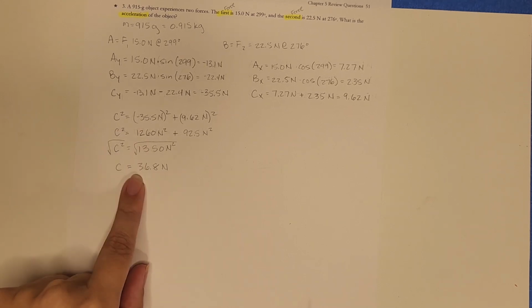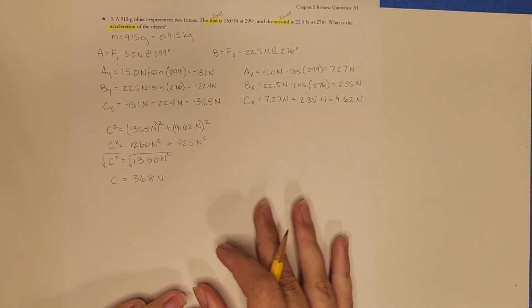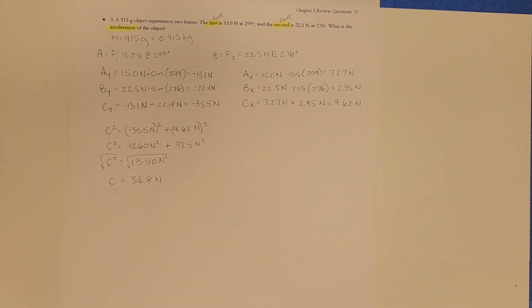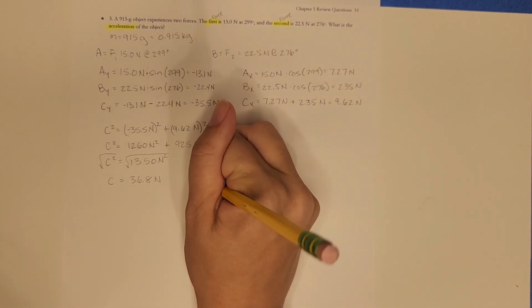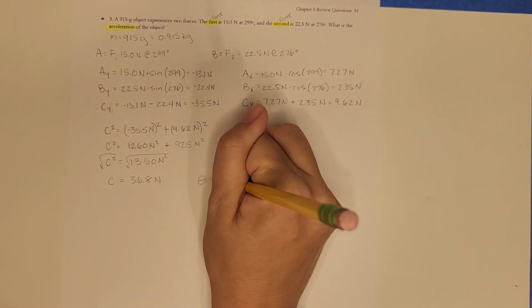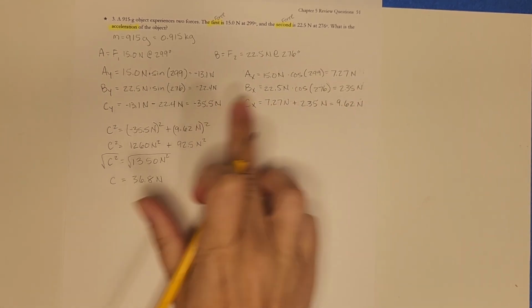My overall force is here, acceleration is here, but I still need the direction, and so I'm going to go ahead and do that first before I use that force equals mass times acceleration equation. Okay, so our angle is the inverse tangent of my y over my x value.